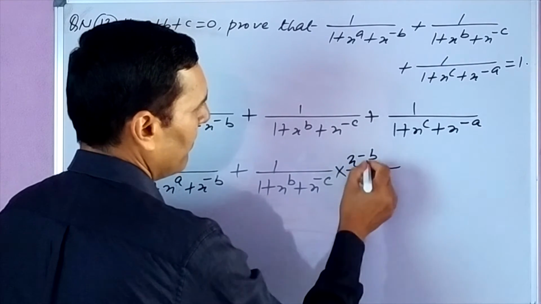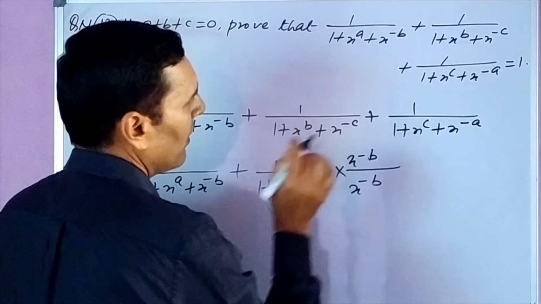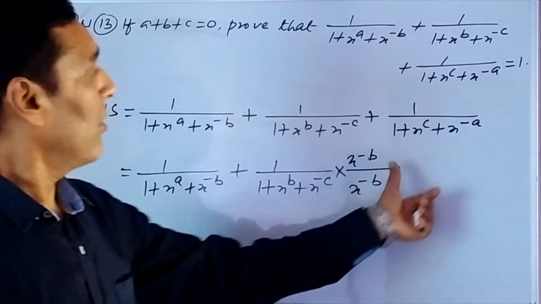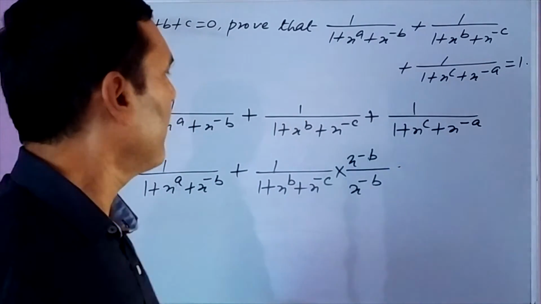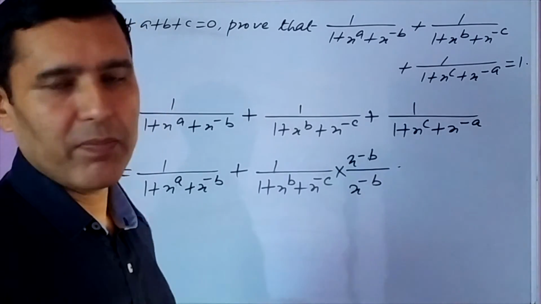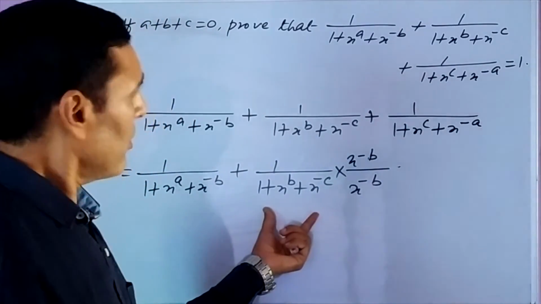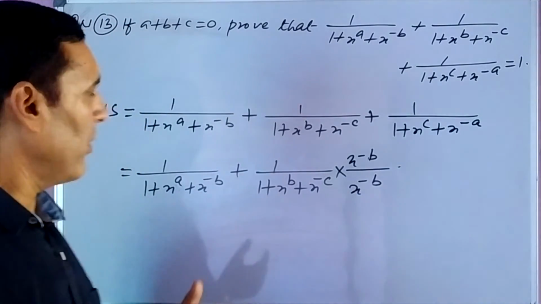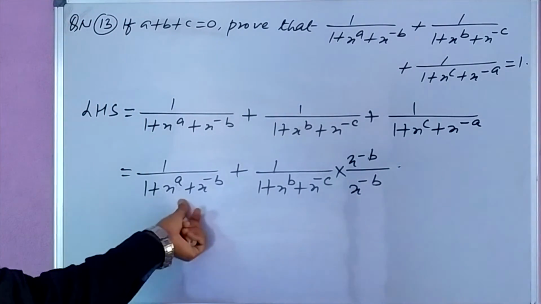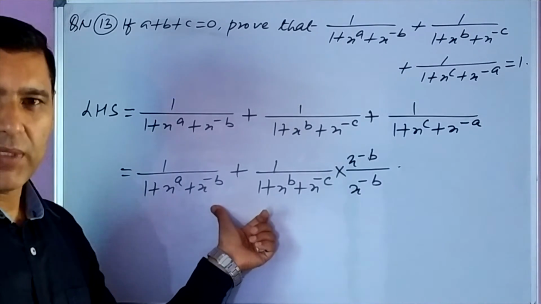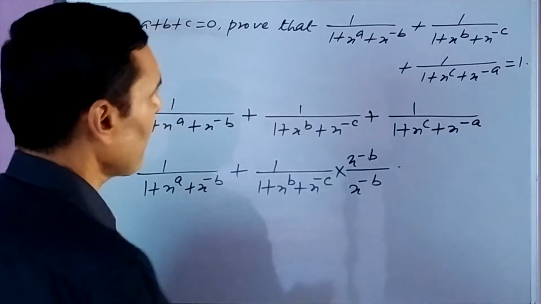It can be done. We can multiply the numerator and denominator by the same quantity. By doing so, we can get the denominator of the second term also as 1 plus f to the power a plus f to the power minus b. We will understand this in the next line.